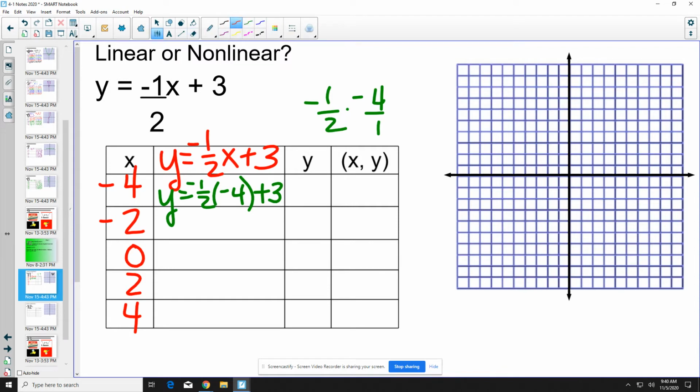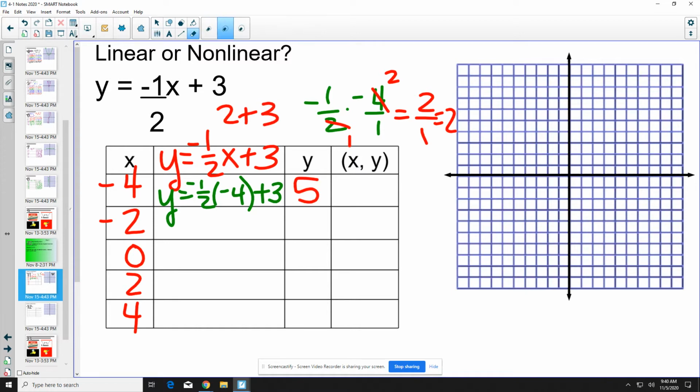I can cancel the 2 and the 4. 2 goes into 2 once, 2 goes into 4 twice. A negative times a negative is a positive. I'm going to get a positive 2/1, which is 2. But that's not my answer because I have to add 3. So I take 2 plus 3 to get 5.